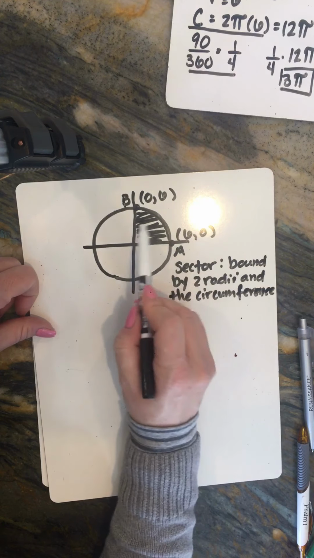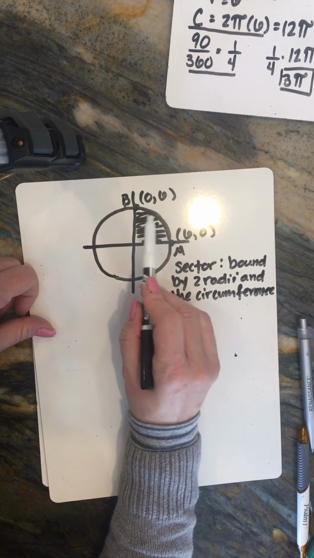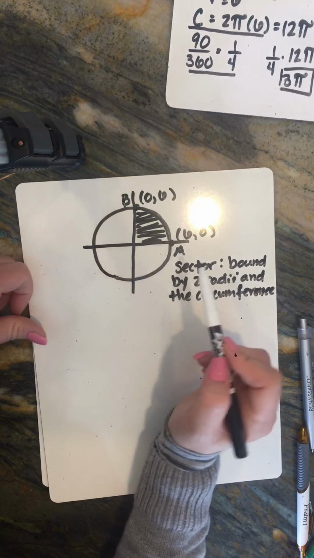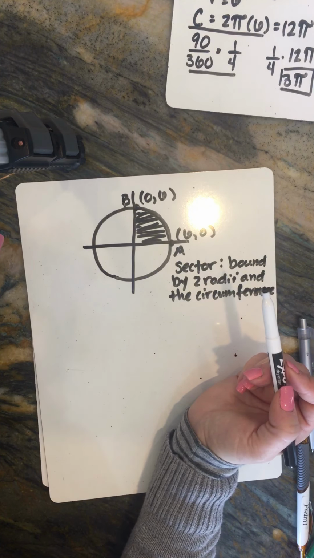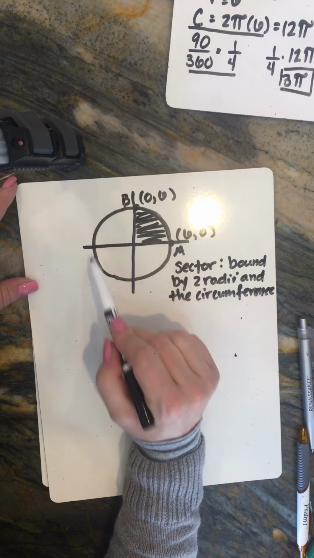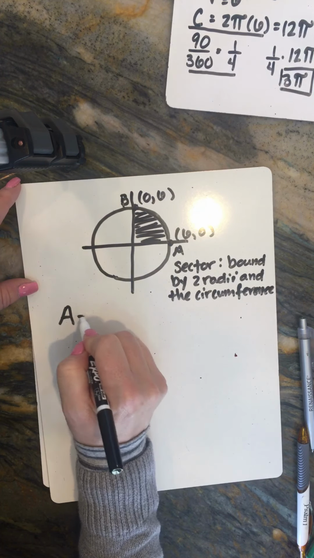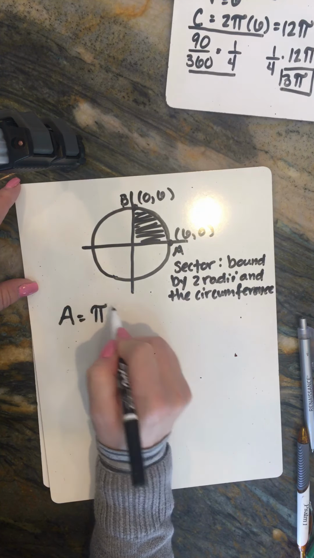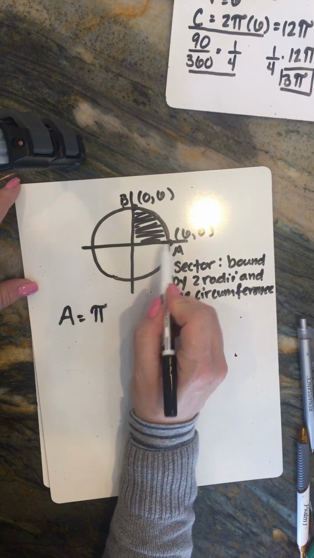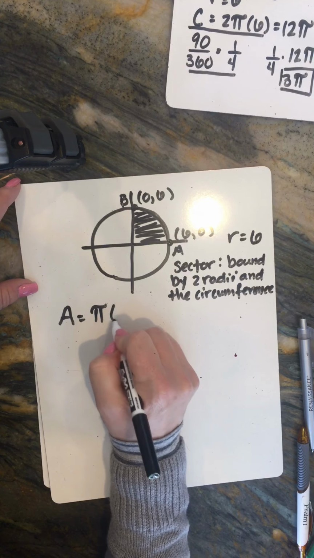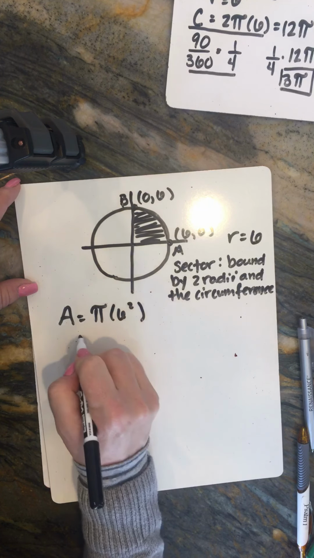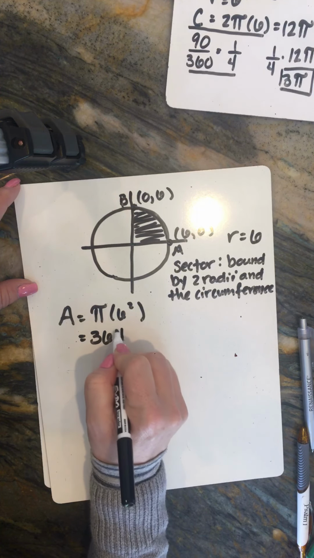So a sector is 2-dimensional, right? We're not walking in a straight line. We're looking for the area of something. So there's our 2 dimensions. Same idea though. Let's find the area of the entire circle. So the area equals pi times the radius squared. We already said that r equals 6, so 6 squared. So our area is 36 pi.